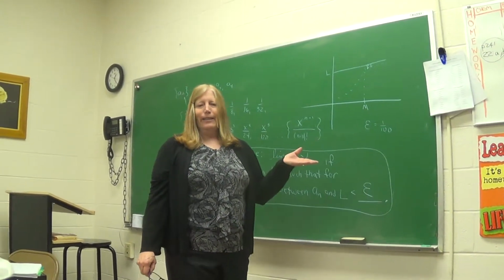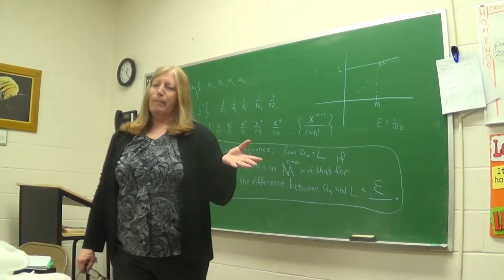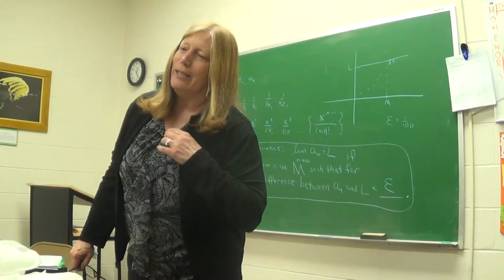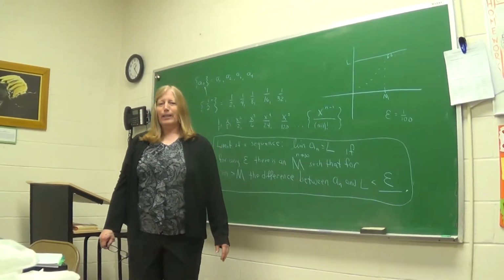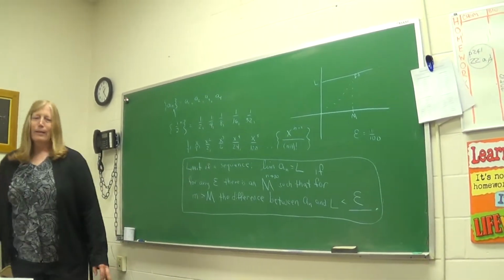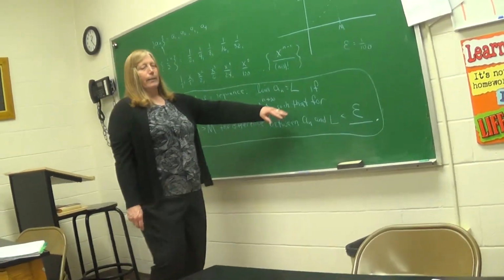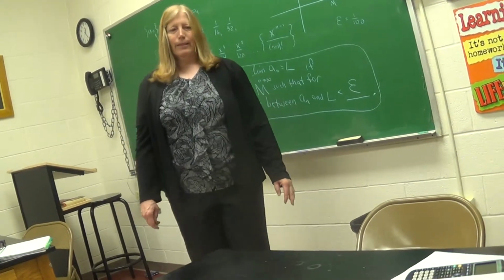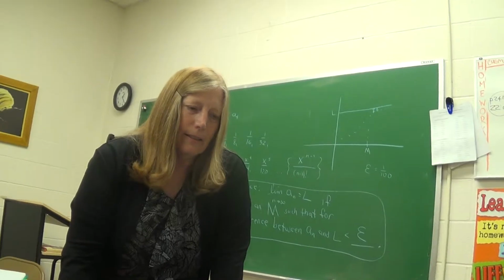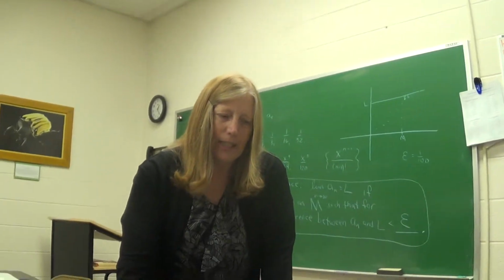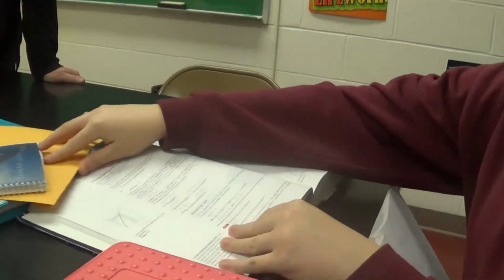So peek back there. Look on page, say, 52. Not in my book because I didn't teach you Calc 1, but in your book. Look up in the beginning, page 52, and you'll see something that is strikingly similar to that. Look at that definition there.